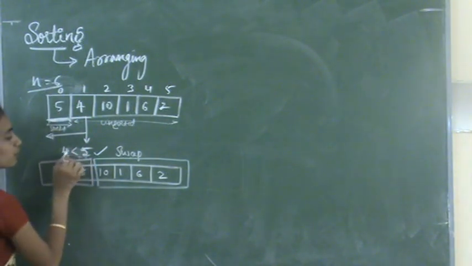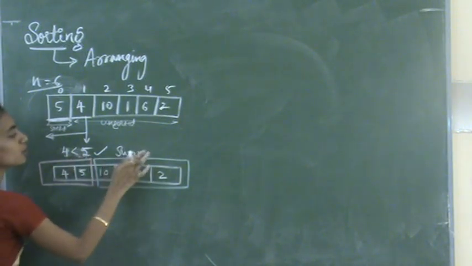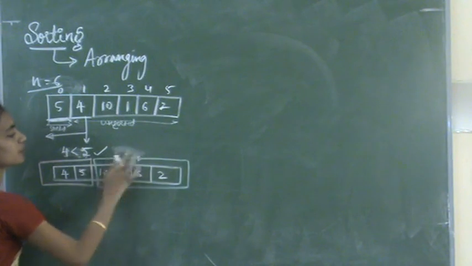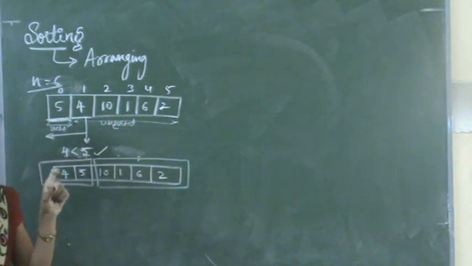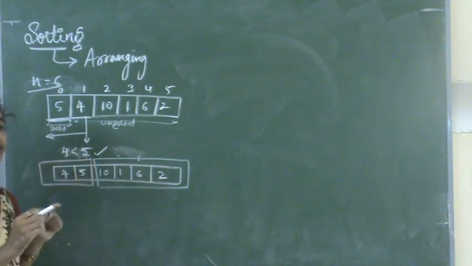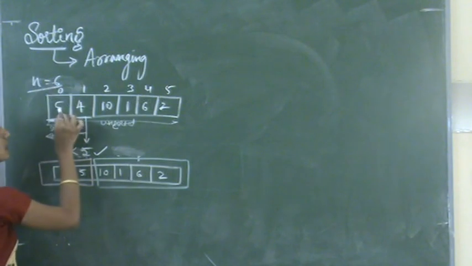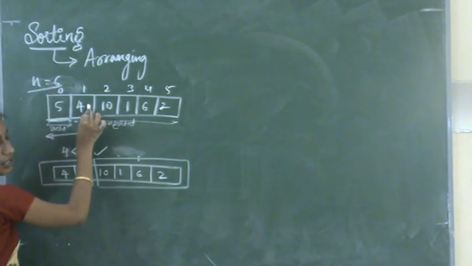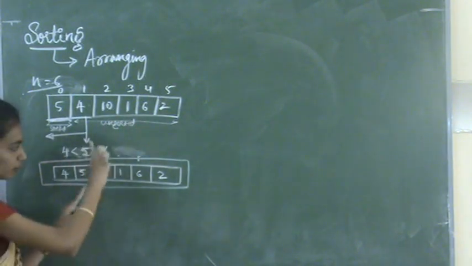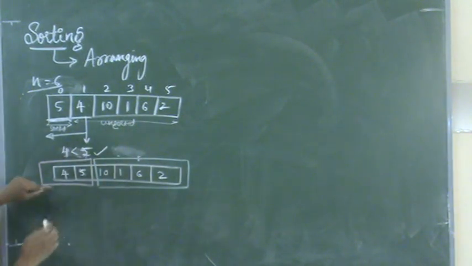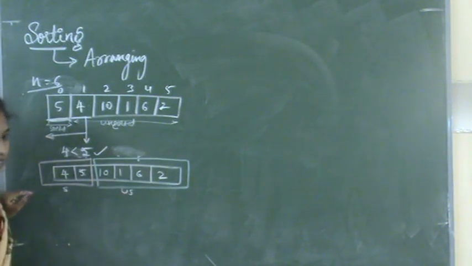So now 4 less than 5 is true, so we swap the values. We use one temp variable: assign this value to temp, then this value to this place, and then the temp value is stored here. I will write that algorithm after completing this. Now this becomes sorted and this becomes the unsorted array.